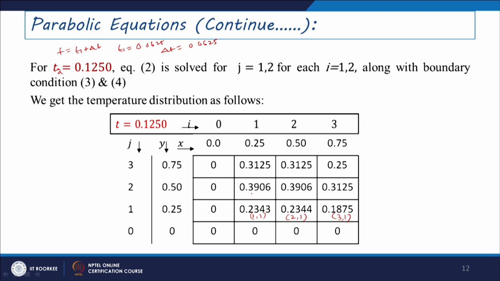Likewise, further we get 1,2, then 2,2, then 3,2, then 3,3, then 2,3, and this is 1,3 here.